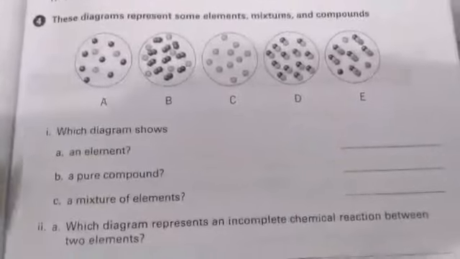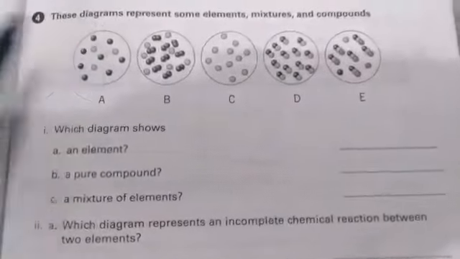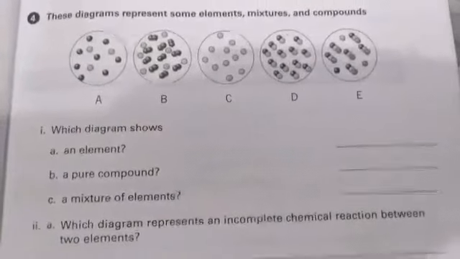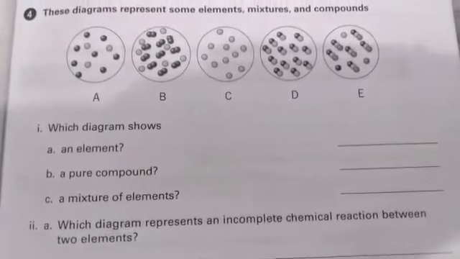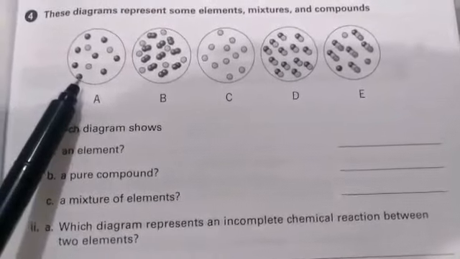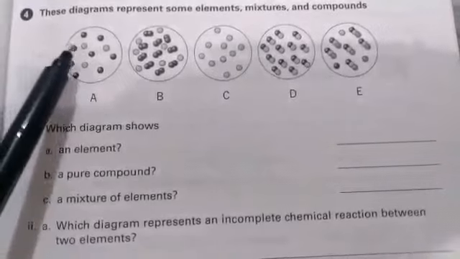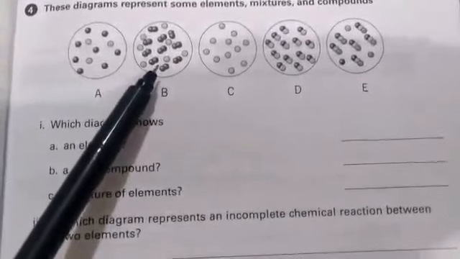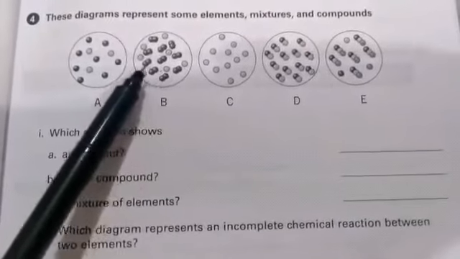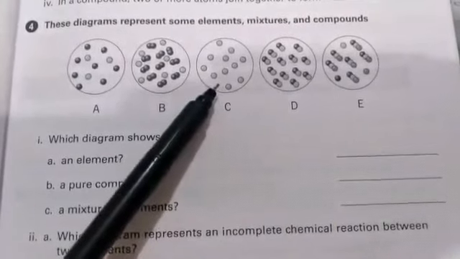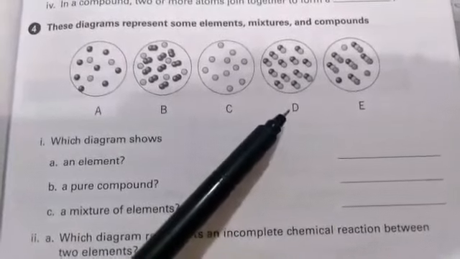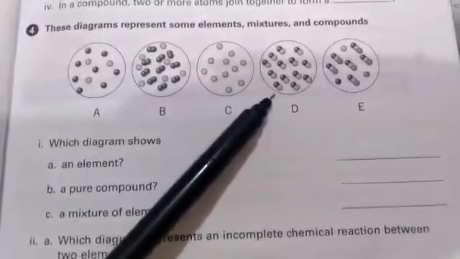Question number 4. These diagrams represent some elements, mixtures and compounds. This is diagram A. It shows two types of elements. This is B. It also shows a chemical reaction. C shows one type of element only. D. Compound.